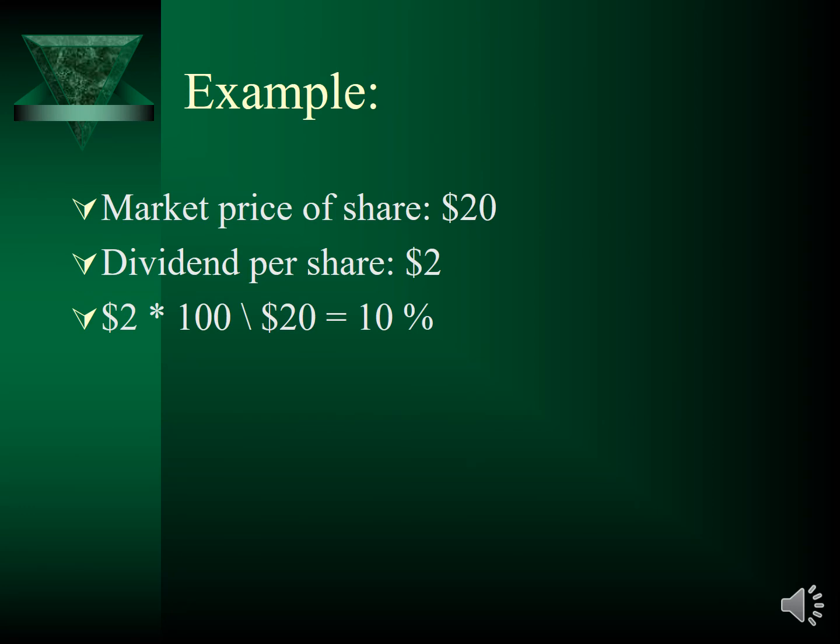So in this example, we got market price $20 and we got dividend per share $2. So we divide $2 by $20 to get the answer 10%. What it means is that the investors in the stock market can expect 10% return on their investment in the stock of the company.